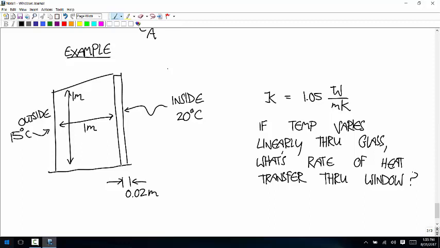In other words, you could use this calculation to figure out how much energy you're losing through the window, like how much benefit you'd get out of insulating the window in the winter or whatever. Well, not the winter, unless the winter is 15 degrees Celsius, maybe in a few years.